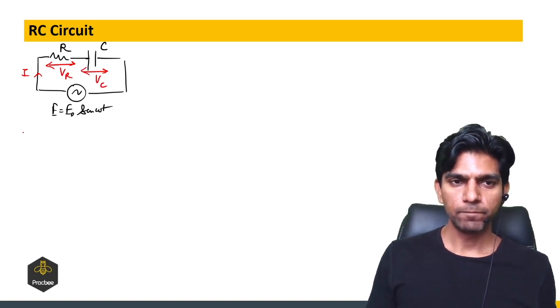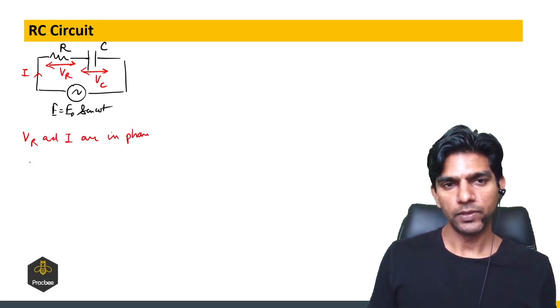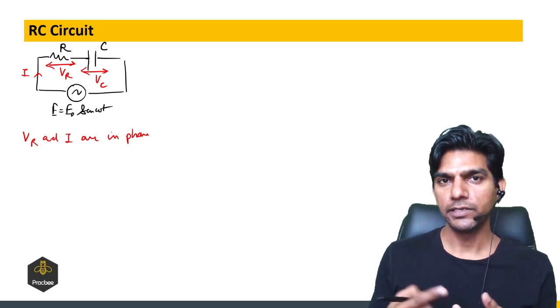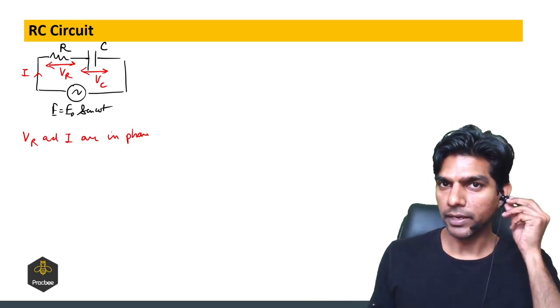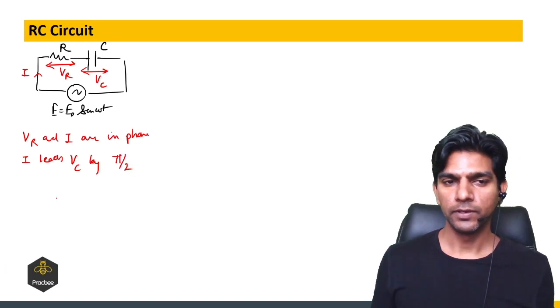So we can say VR and I are in phase, and in case of a capacitor, the current leads voltage by pi by 2. So we can say I leads VC by pi by 2, right?